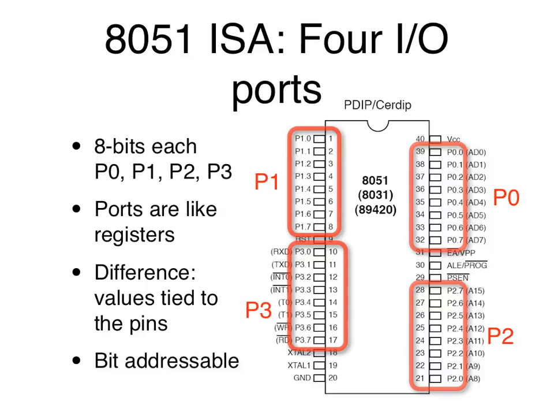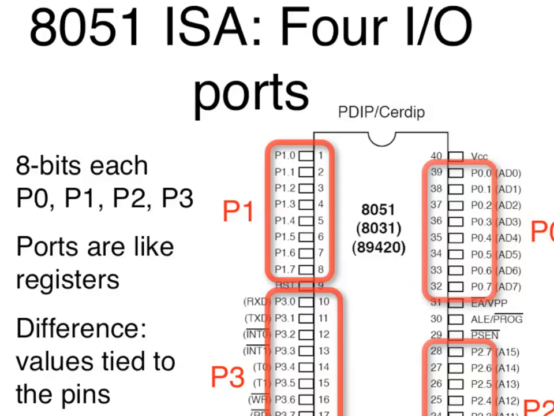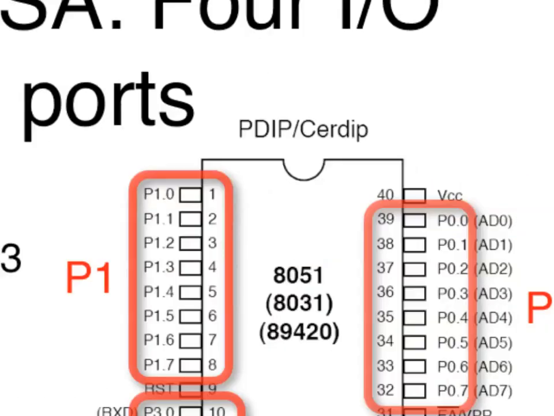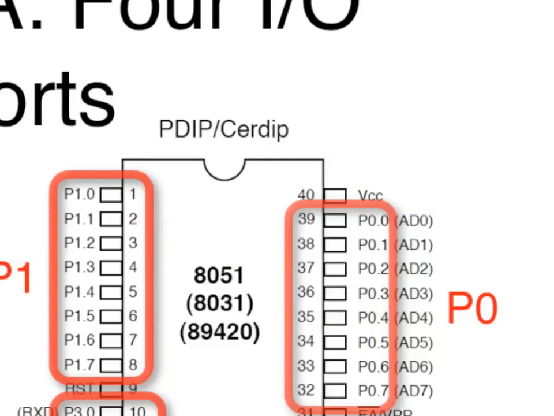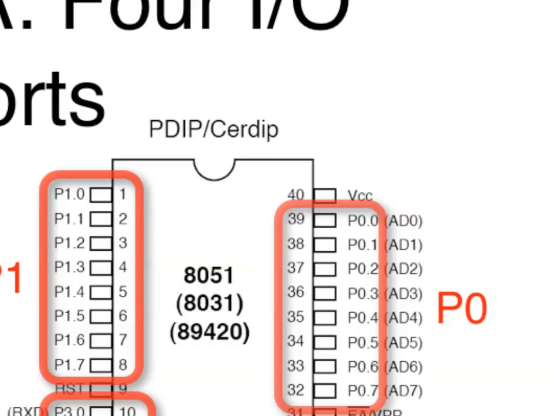But that doesn't mean it can't do anything else. Because if you take a look, there are other names in parentheses. So I don't know if I can zoom in. I'll try. Yeah, okay. You see there's P0, and then there's a parenthesis, AD0.